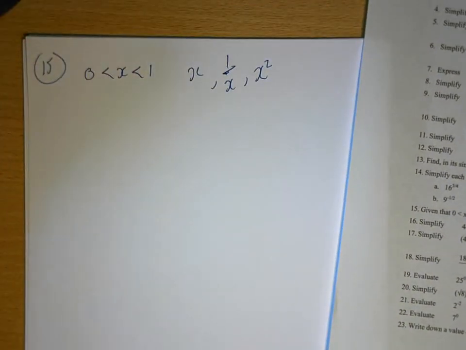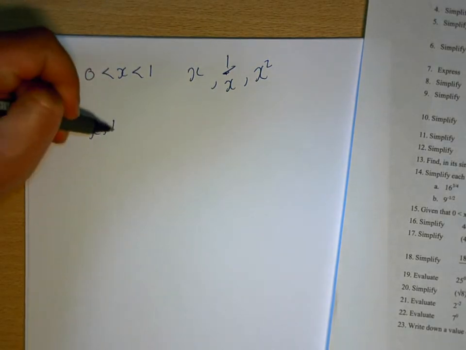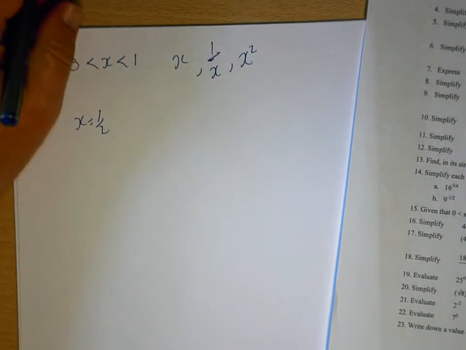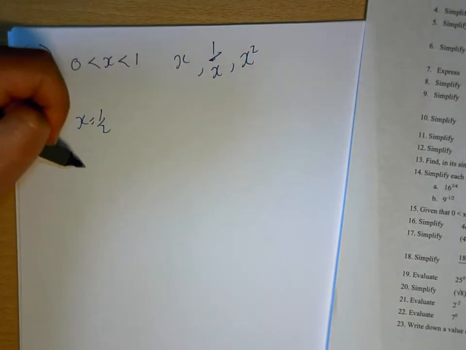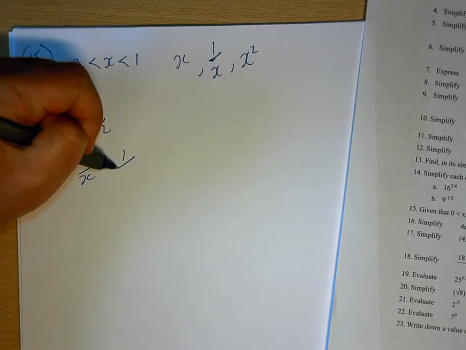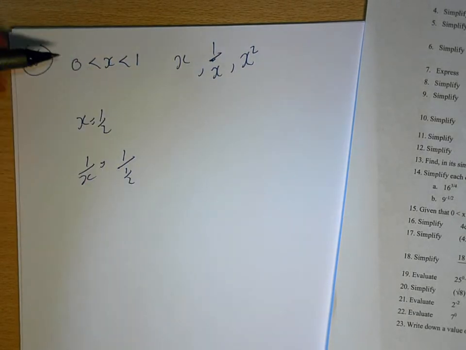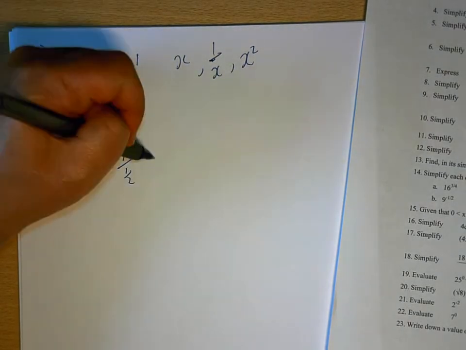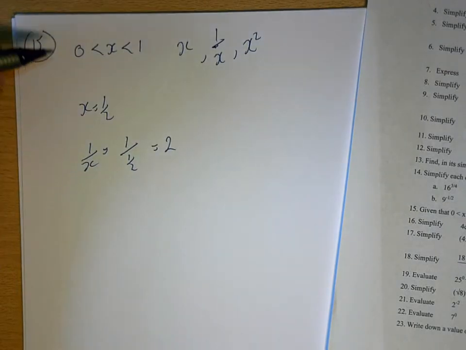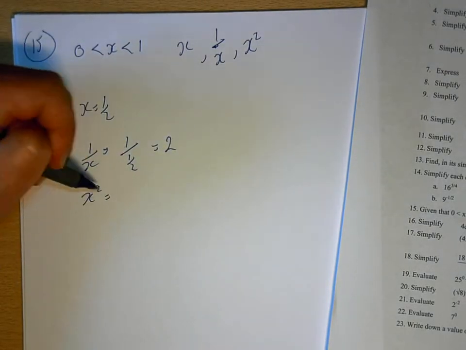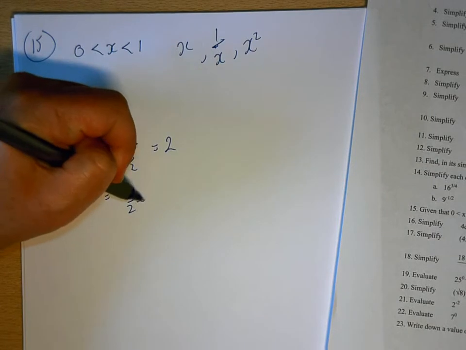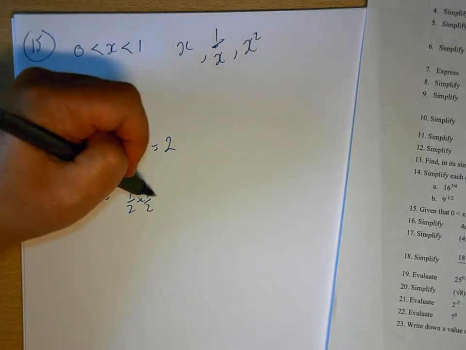And you can't get a more straightforward number between 0 and 1 than a half. Okay, so if x is a half, then 1 over x would be 1 over a half, which we covered in an earlier question is 2, and x squared will be a half times a half, which is a quarter.